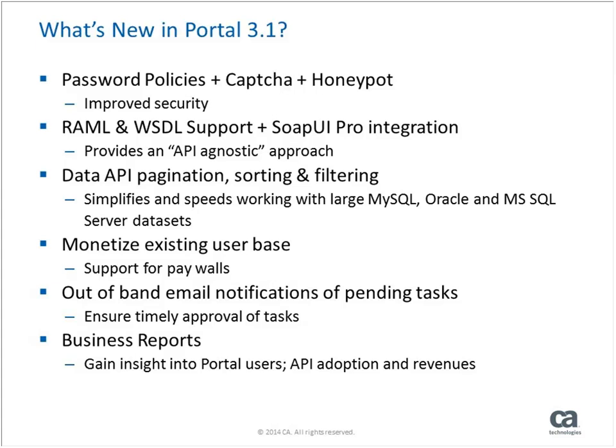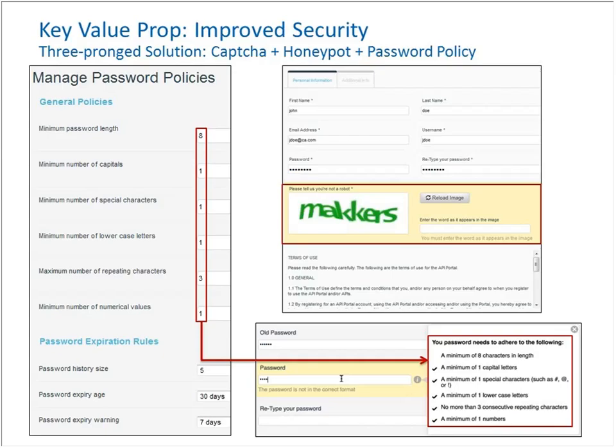Let's start off with our improved security. One of the things asked for by the community was a way of managing password policy, and that's now available. As an administrator, you can go in and set up your password policy. It involves most of the things you would normally see: password length, special characters, number of capitals, history, expiry. You can set that up as you see fit.